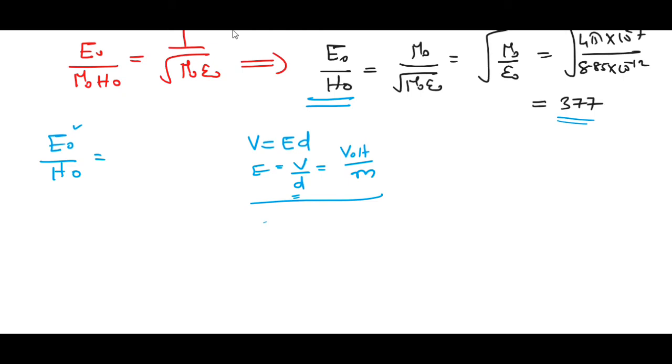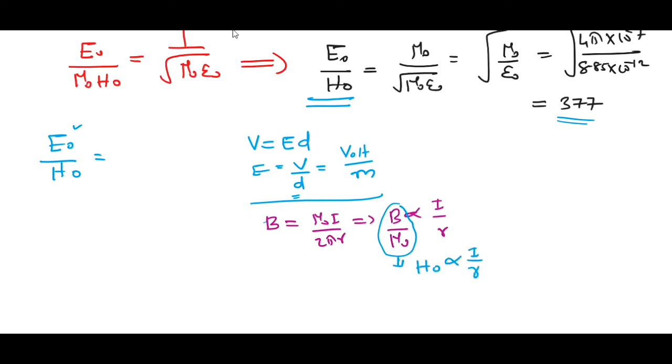H0: you know the magnetic field due to a wire is mu 0 I by 2 pi r, so B is proportional to I by r, or B by mu 0 is proportional to I by r. This B by mu 0, as we have just seen, is nothing but H. So H0 is proportional to I by r.